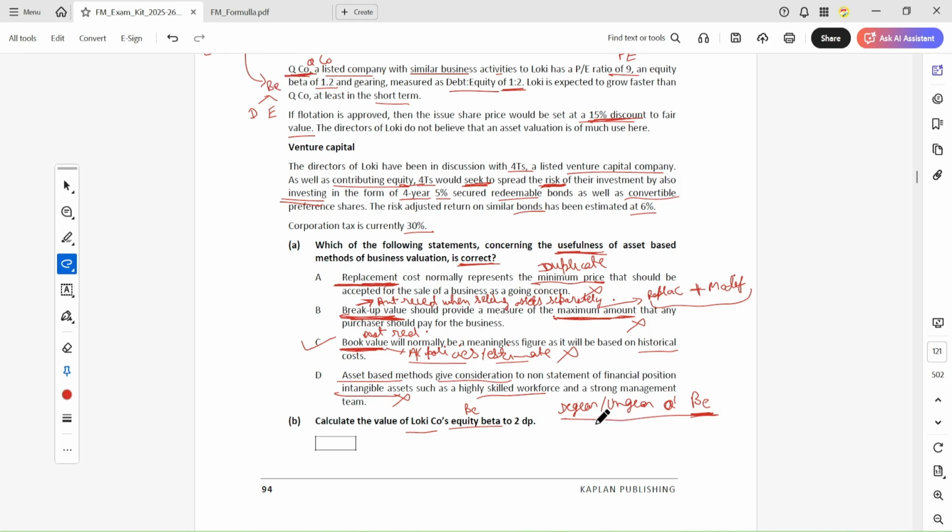So how can you ungear? You need to ungear by this formula.